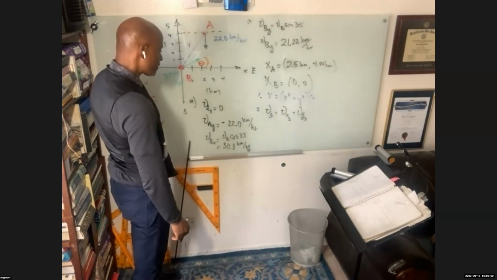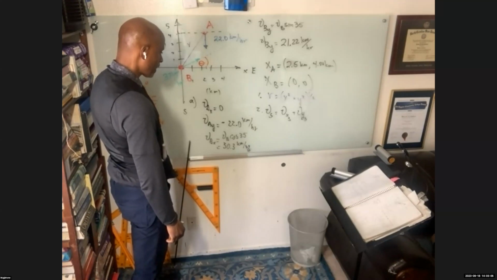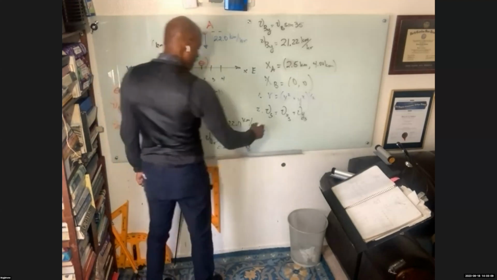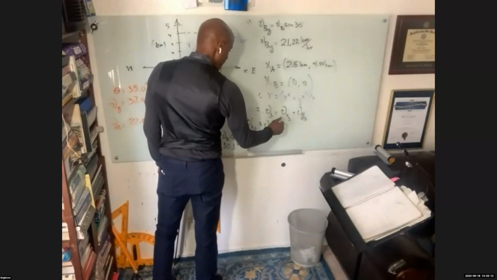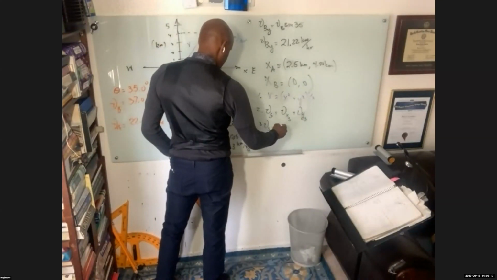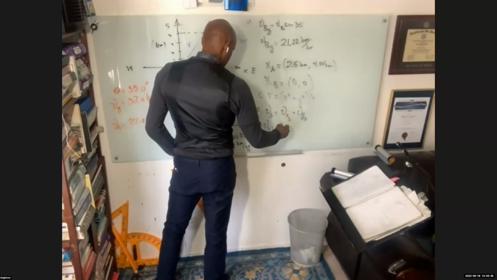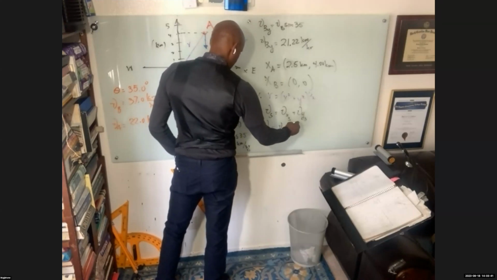Okay. So velocity is distance divided by time. Let me put in one more step here, though. So VS, the x velocity, as I said, is just going to be VB cosine 35.